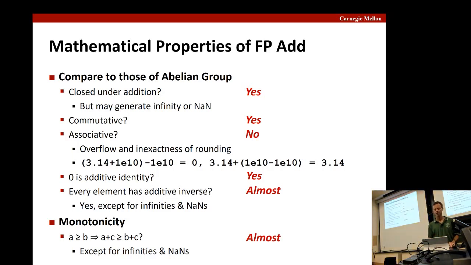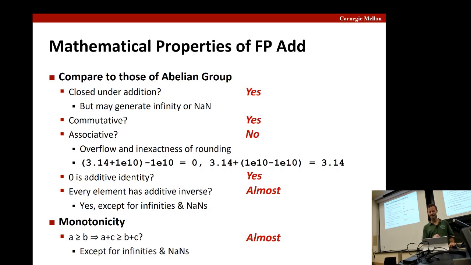Is the IEEE standard floating point way of doing addition closed under addition? The answer is yes, although you may get an infinity or not a number. Is it commutative? Is x plus y equals y plus x? Again, you can check for yourself if that's true.